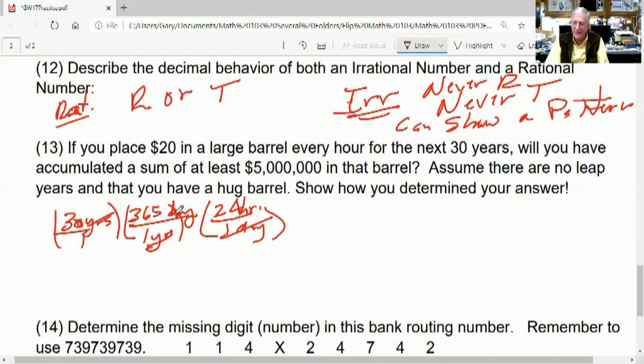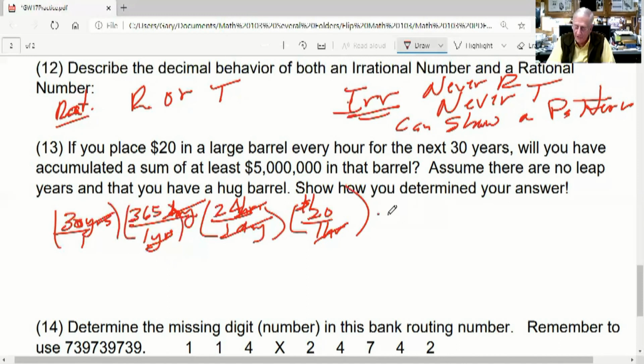So days would cancel here. And now, $20 per every hour goes into the barrel. So $20 per every 1 hour. Hours would cancel. So you can see if I multiply 30 times 365 times 24 times 20, I get this answer.